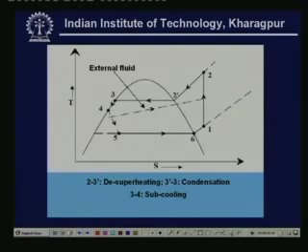And the next stage is 3'-3, which is nothing but the condensation phase, during which both the temperature as well as the pressure of the refrigerant remain constant. Next you have the stage 3 to 4, which is a subcooling zone, during which again the pressure remains constant, but the temperature decreases from T3 to T4.